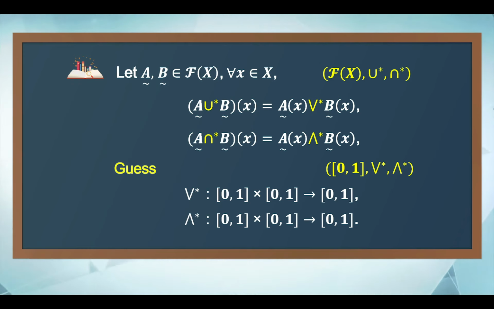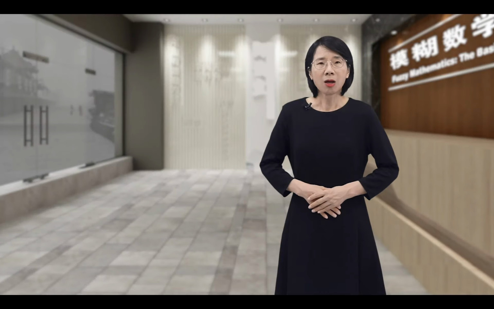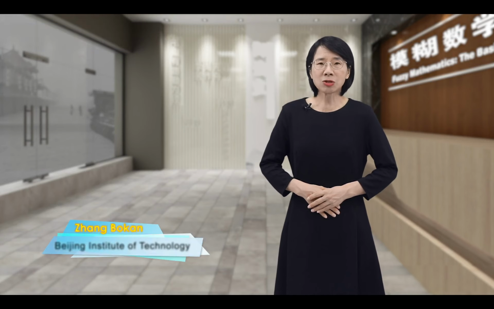We try to find out what kind of binary operators on the closed interval from 0 to 1 are rational. First, let's find out what kind of properties the generalized union and generalized intersection should have. Naturally, they should satisfy the following properties.